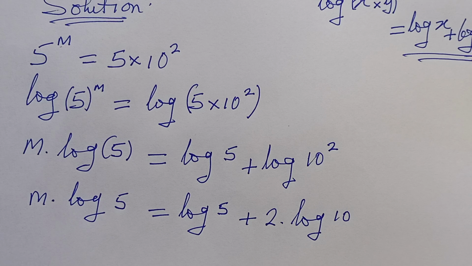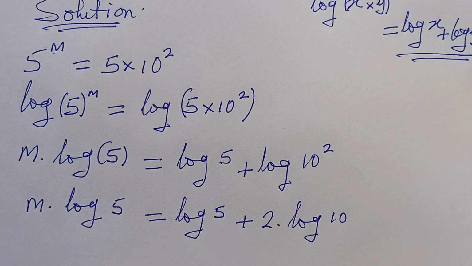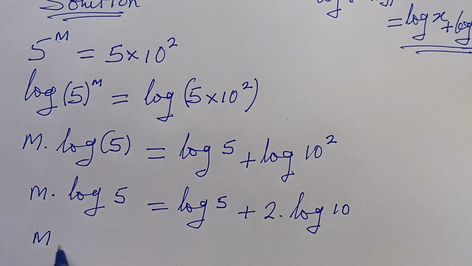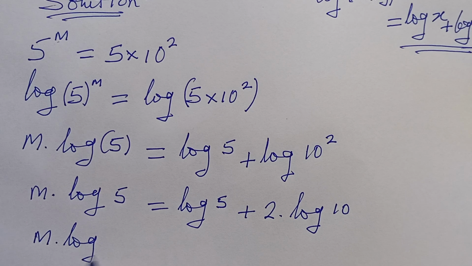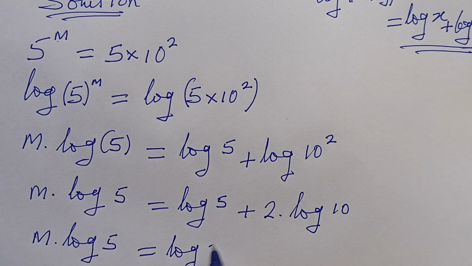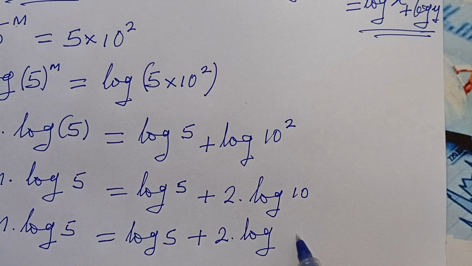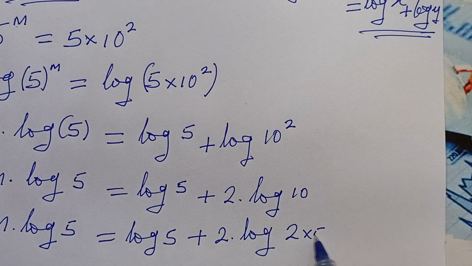Wow, this is simple. But remember, 10 can equally be split into 2 times 5 because we must do justice to this, so long as we can still break this down to the lowest form. And so this is going to give us m times the log of 5 equal to the log of 5 plus 2 into the log of 2 times 5.